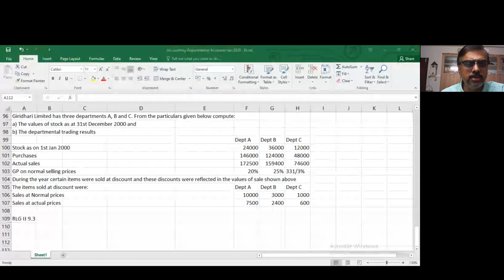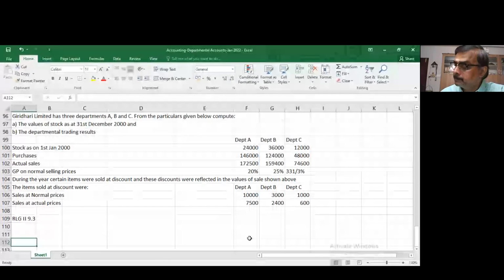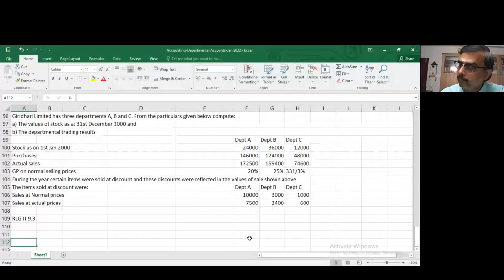Jay Ranchini, are you able to see the screen now? No, sir. Sir, I am not able to see, sir. You are not able to see. One minute. Is it visible or not?